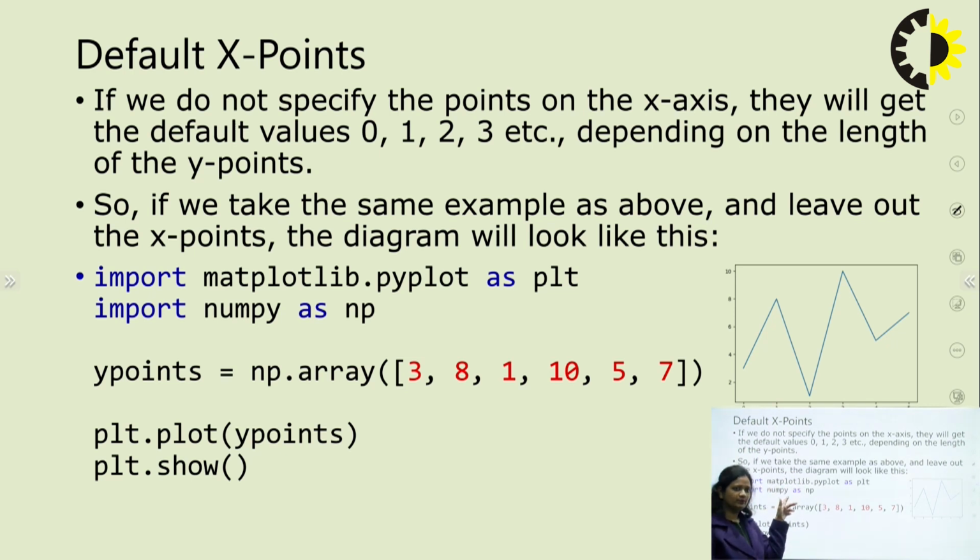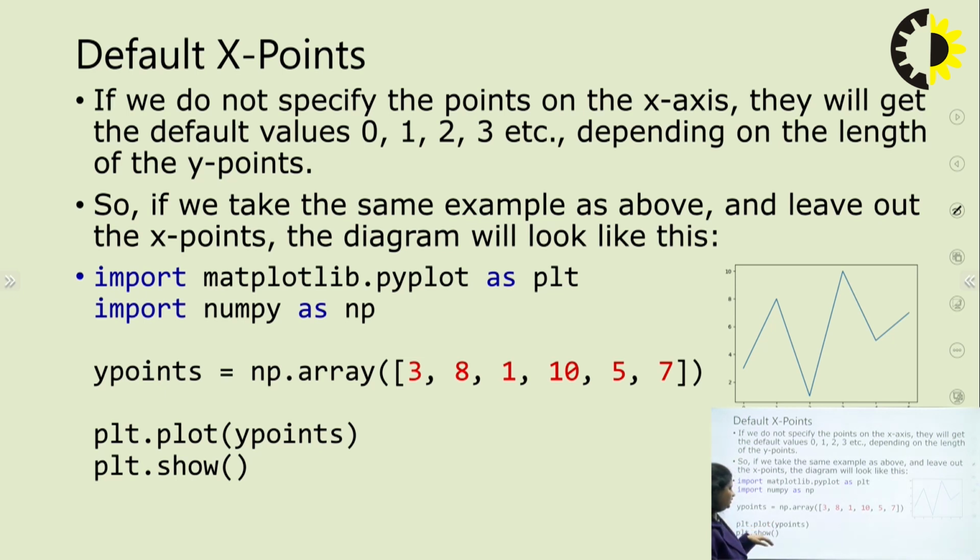First, the imports are the same, but we are not including X points in this. So in this program, the default X points will be 0, 1, 2, 3 and the graph will be according to this. In this program, the X points are considered as 0, 1, 2, 3 and so on, and the Y points are 3, 8, 1, 10, 5, 6, 7. plt.plot with Y points, there is no need to include X points because we have an option to not include the X points.